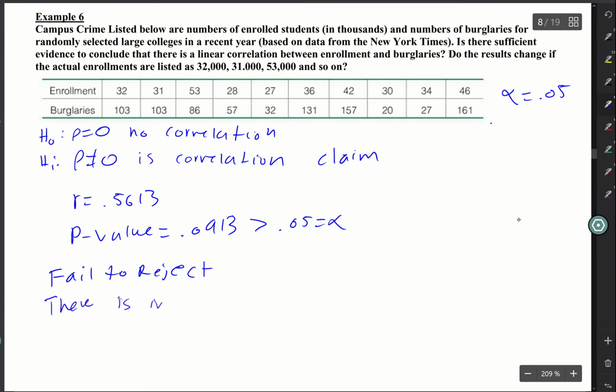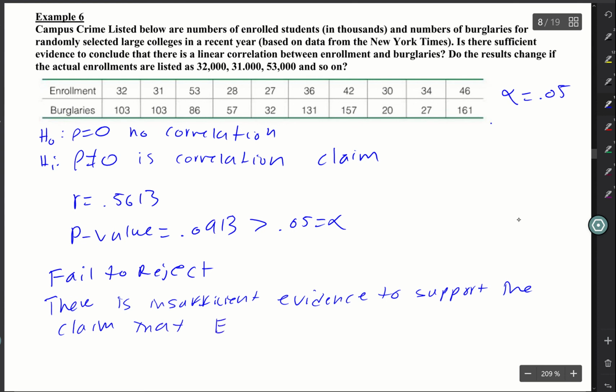So there is insufficient evidence to support the claim that enrollment in burglaries have a linear correlation.